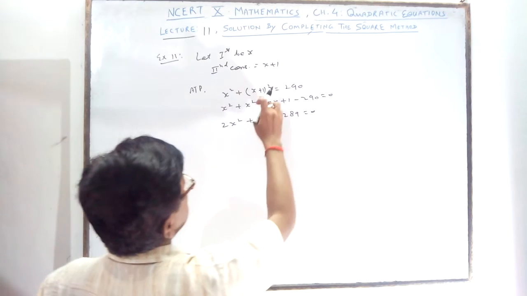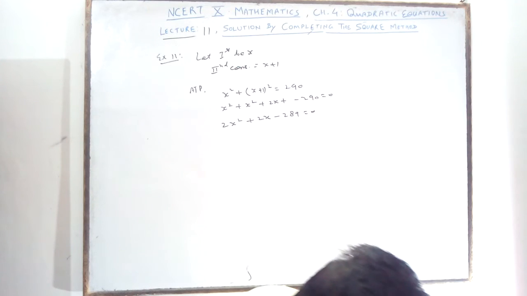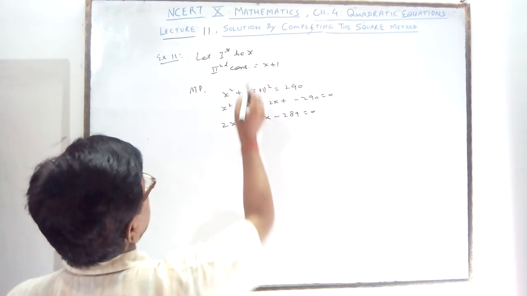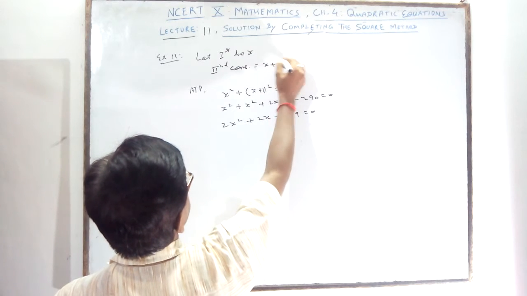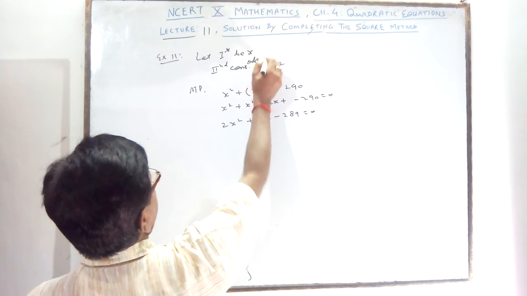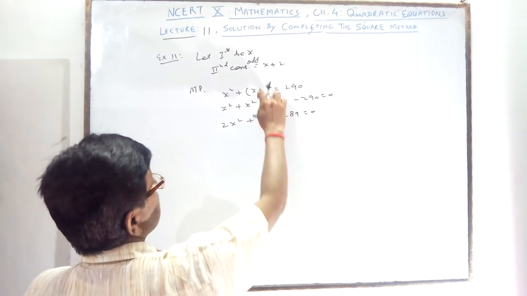Here, what is given? Odd positive integers. Odd positive means difference is 2. Consecutive odd, or even, there is a difference. So you will write here 2, not 1.